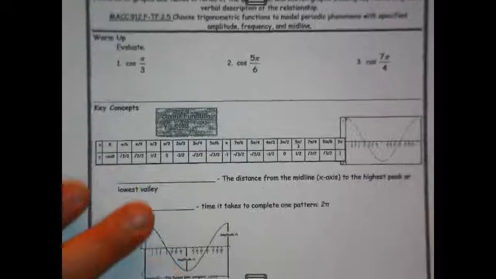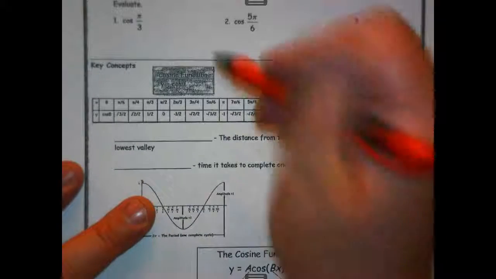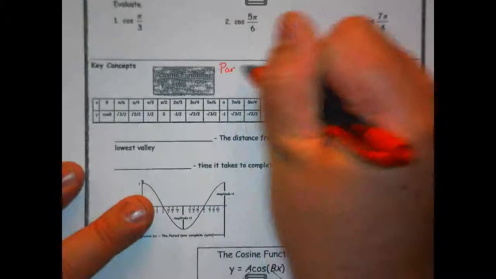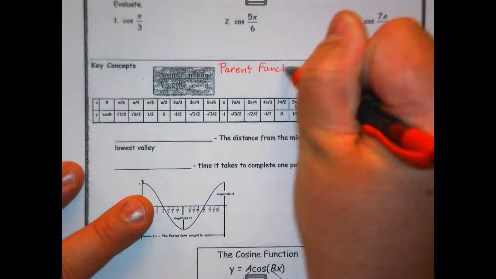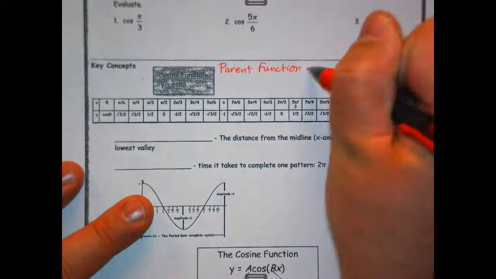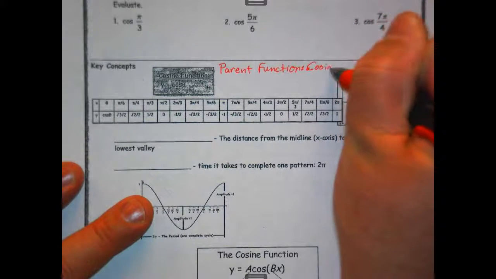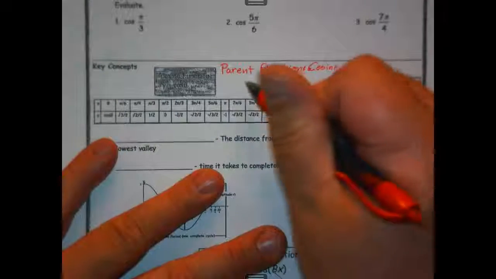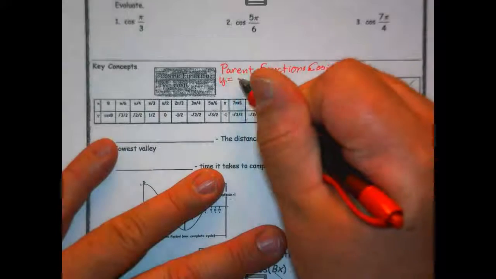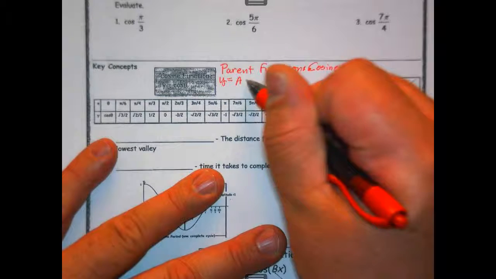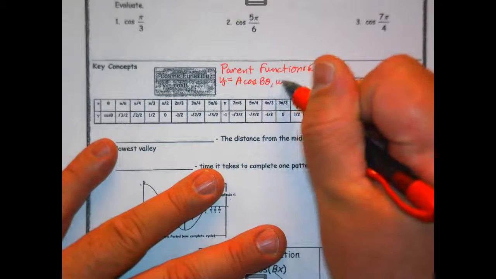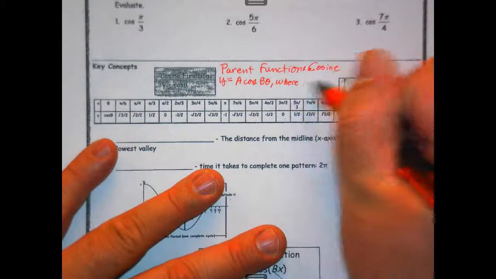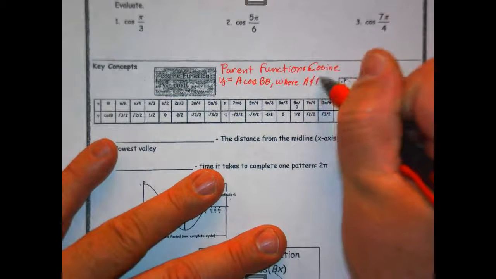Okay, the parent function of cosine is y equals a cosine of b theta, where a and b are what?